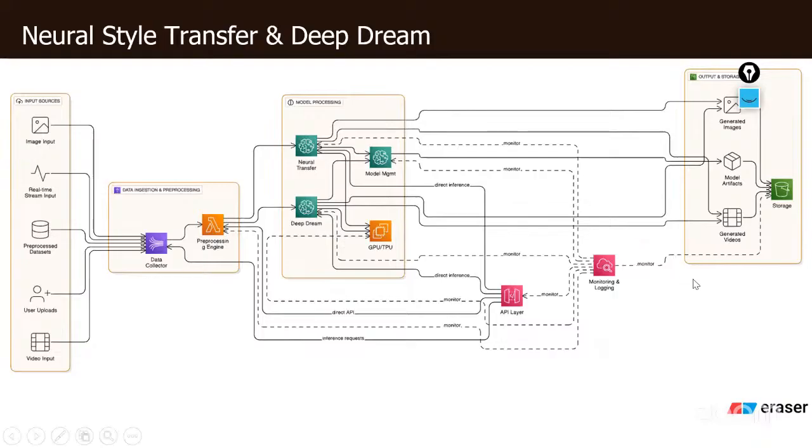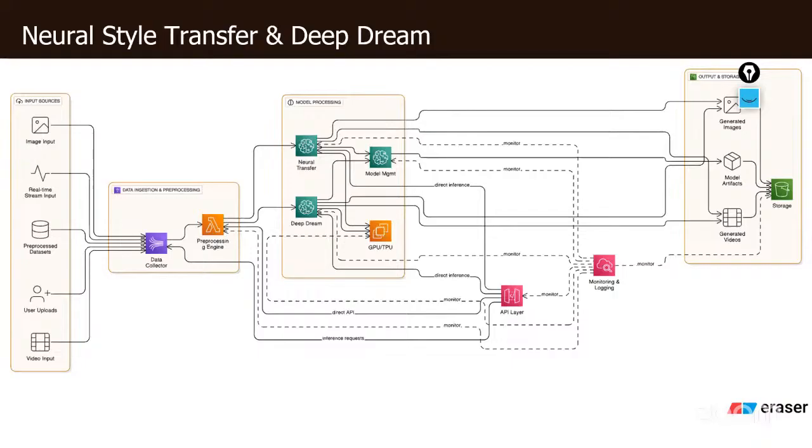Then at the end, we have our output and storage. After the finalized images and videos are selected, plus the model artifacts are generated, all the versions are stored in object storage with configurable retention policies.